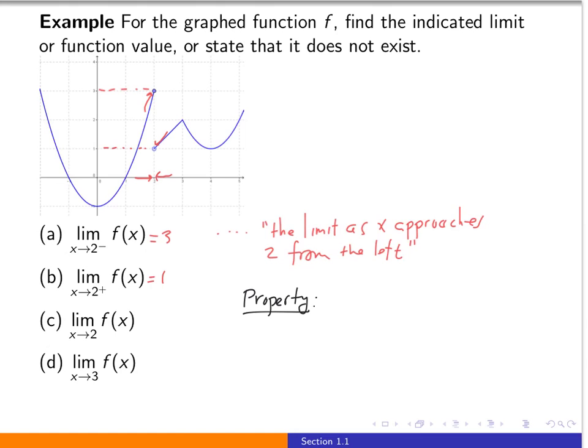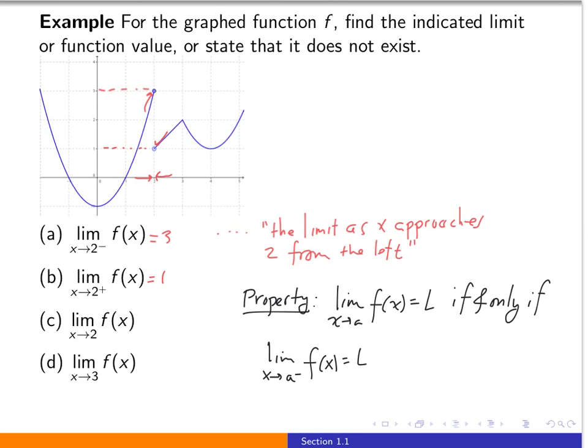If a limit exists, so that is, let's say the limit as x approaches some number a of f of x is equal to the number L, well, the only way that can happen is if the limit as x approaches a from the left and the limit as x approaches a from the right are also both L. So this is true if and only if, that is to say something that is equivalent to this statement, the limit as x approaches a from the left of f of x is equal to L, and the limit as x approaches a from the right of f of x is equal to L.